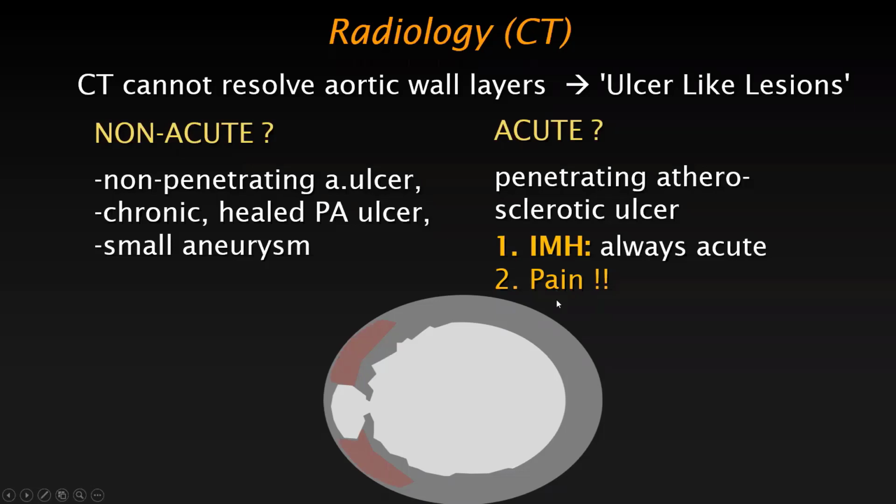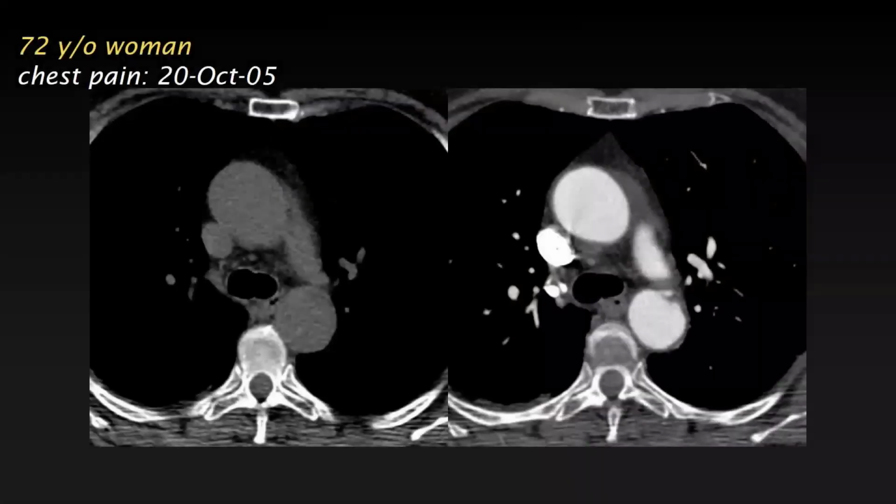If you have neither symptoms nor an IMH, you can be pretty sure that it's not an acute penetrating atherosclerotic ulcer, but it's either a healed atherosclerotic ulcer or a healed penetrating atherosclerotic ulcer, but it's not acute. It's not an acute aortic syndrome. It doesn't need to be treated immediately. You don't need to call the cardiothoracic or the vascular surgeons.